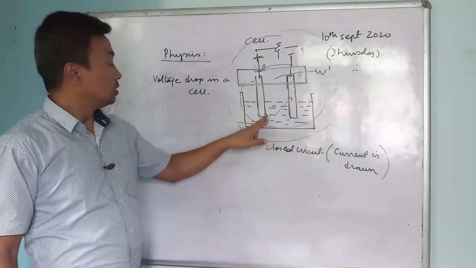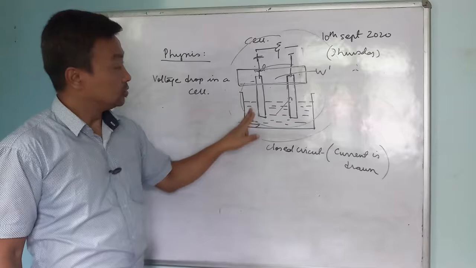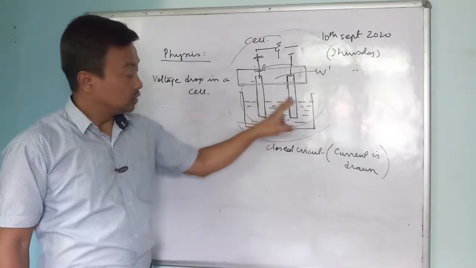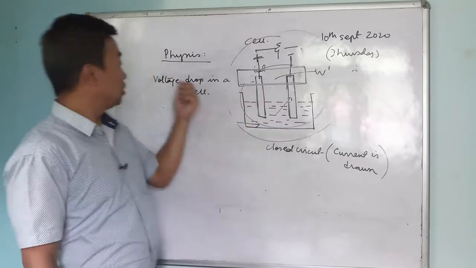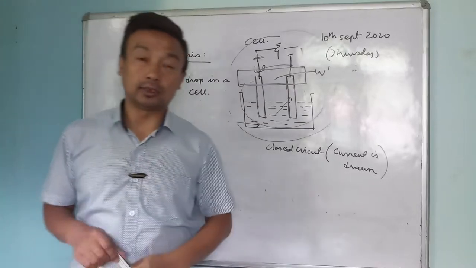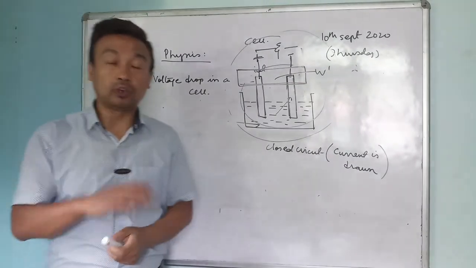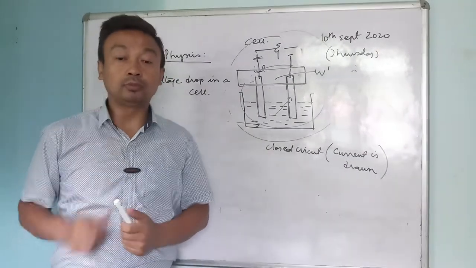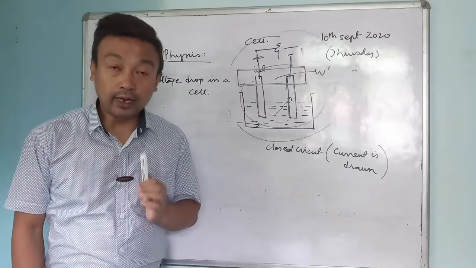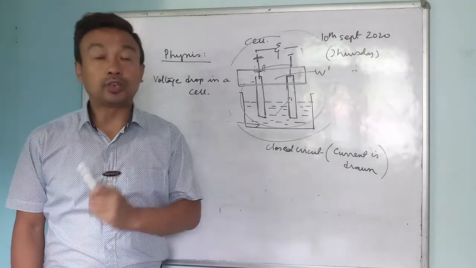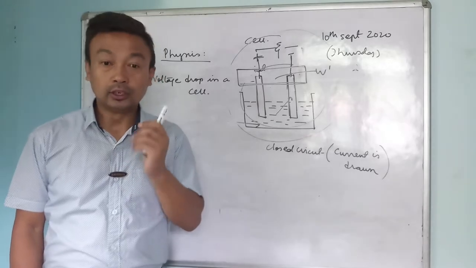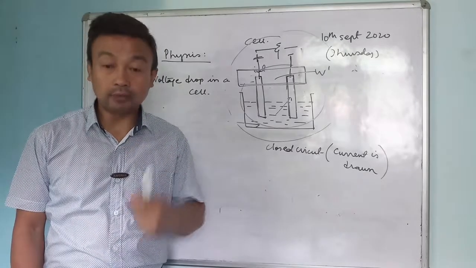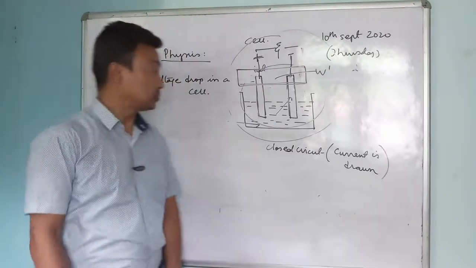So that potential difference due to the electrolyte inside the cell is called the voltage drop in a cell. So how do you define the voltage drop in a cell? Voltage drop in a cell is defined as the work done per unit charge in carrying the positive test charge through the electrolyte. That means inside the cell.